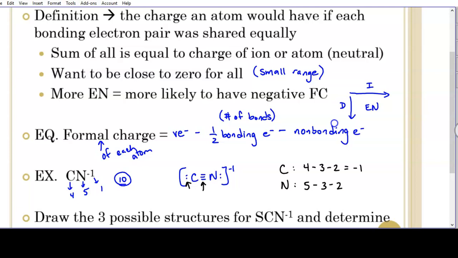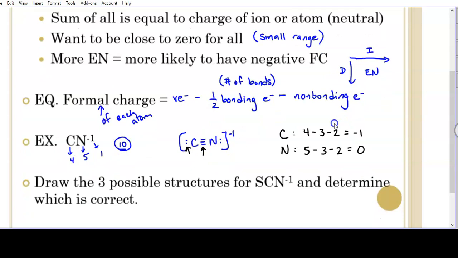And it also has 2 non-bonding electrons. So the formal charge of carbon is -1, and the formal charge of nitrogen is 0. Not terrible, hopefully. This equation is not provided, so you will need that.